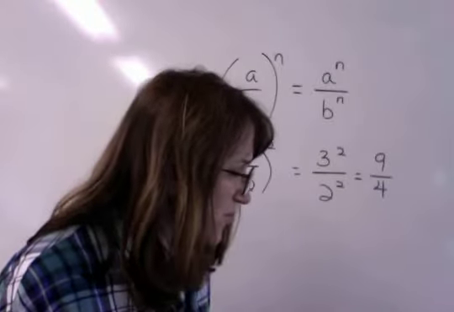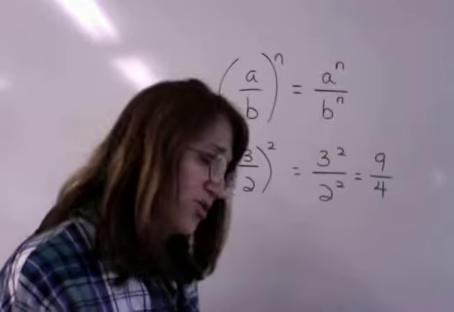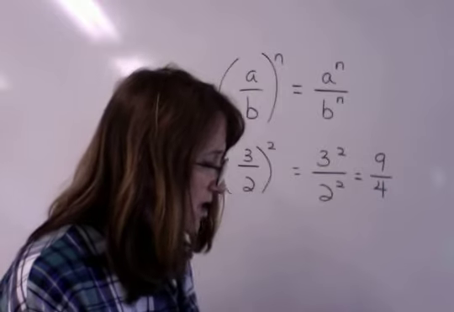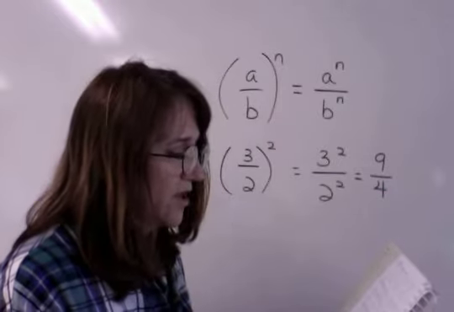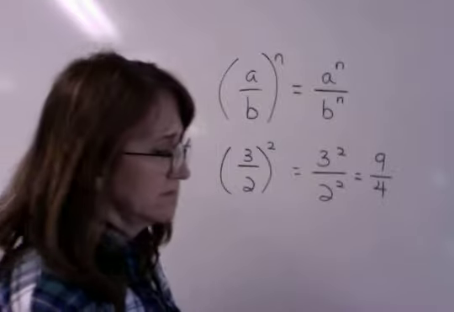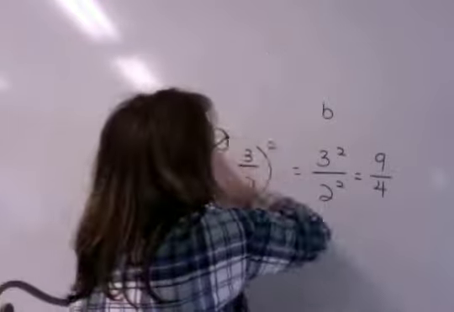So let's look at your homework. Your homework is going to be, let's just say, 1 through 39 odd. And then we're going to start working. We're going to work a little bit from each section so you know what you're doing.